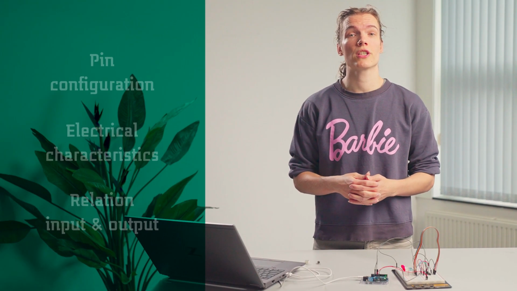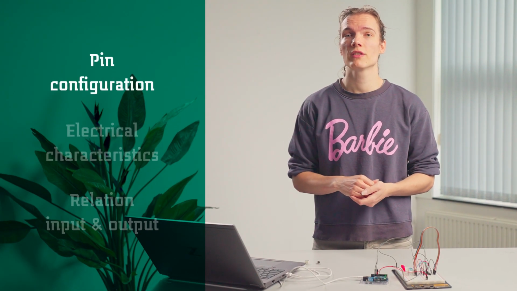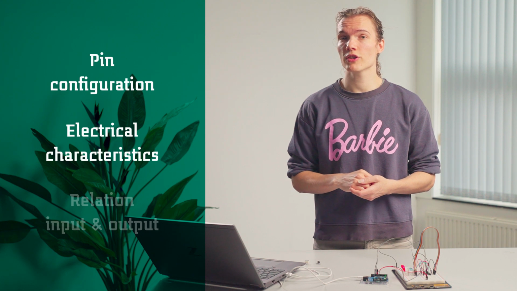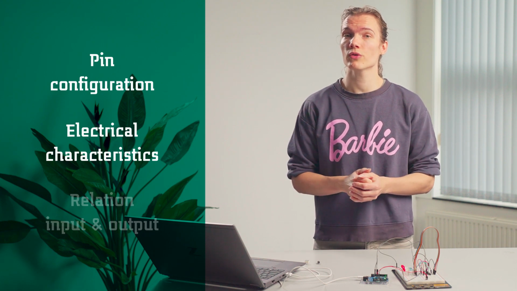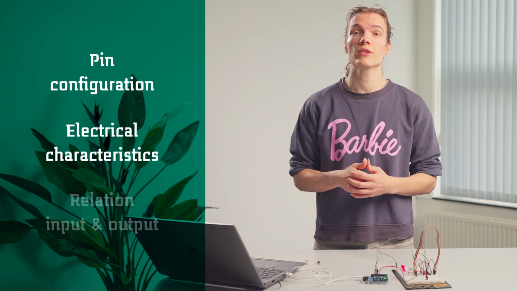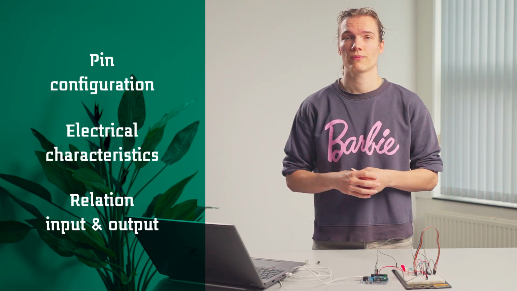Let's have a look. The details of the shift register can be found in its datasheet, which shows information such as pin configuration, the input and output voltages, as well as the desired supply voltage, and the relation between inputs and outputs.